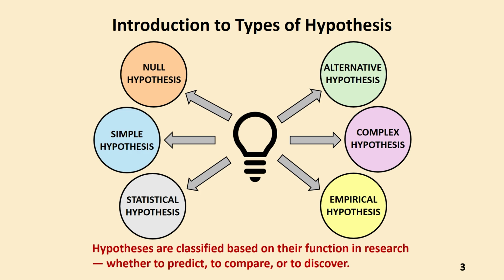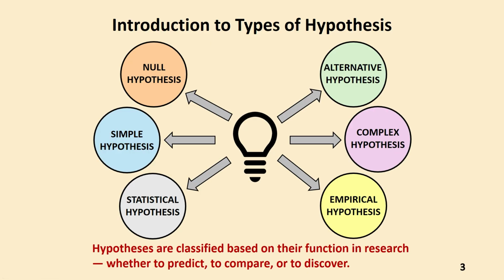Hypotheses are classified based on their function in research, whether to predict, to compare or to discover. This is very interesting to be understood by a researcher, that when you have a research proposal, when you have a research idea with you, the demand and nature of the research are different because it varies from context to context.